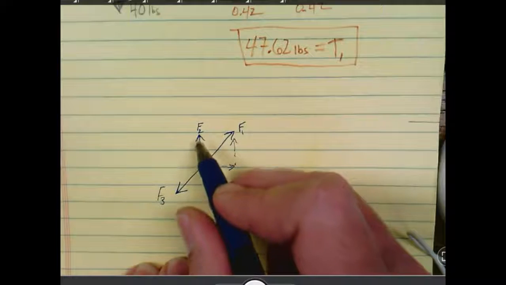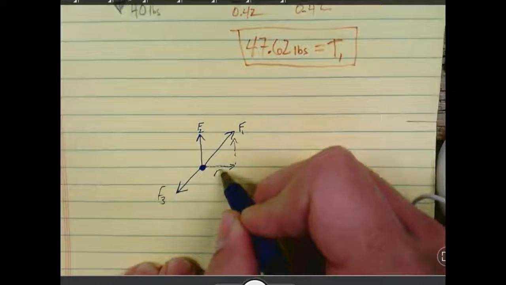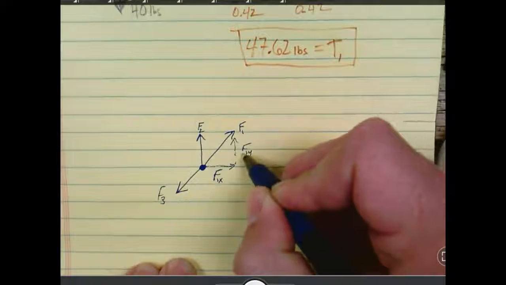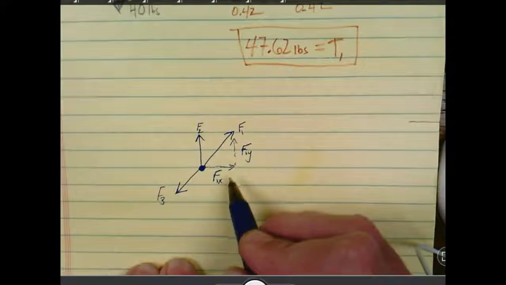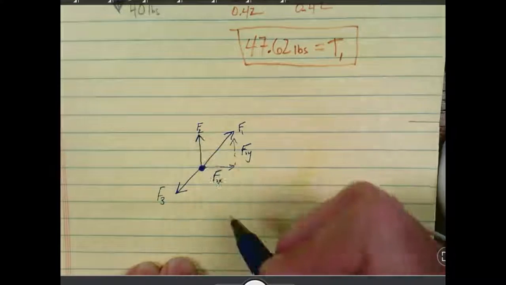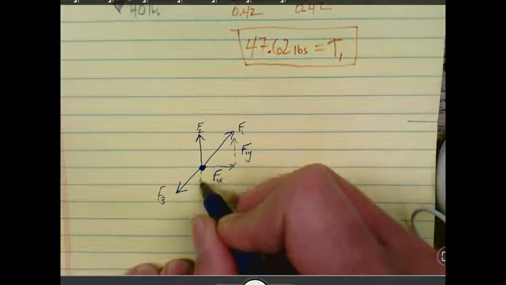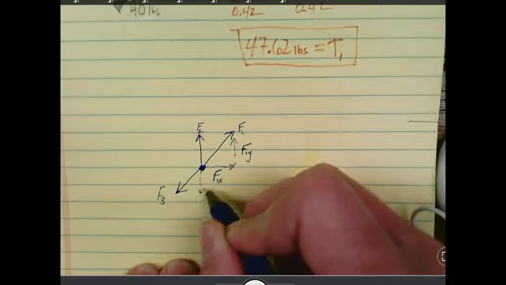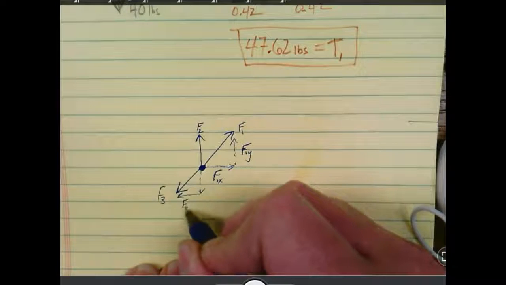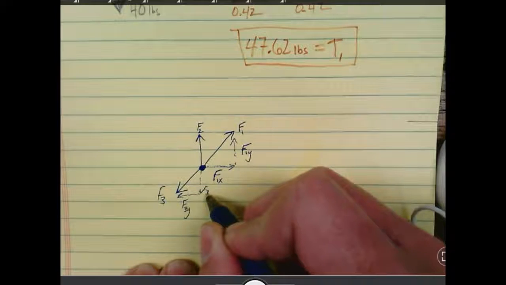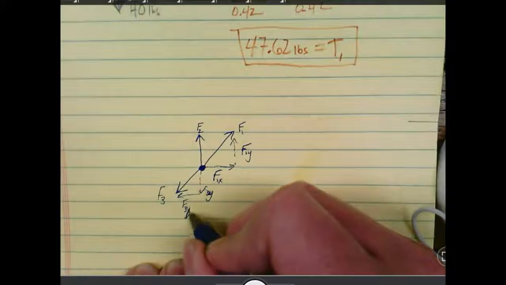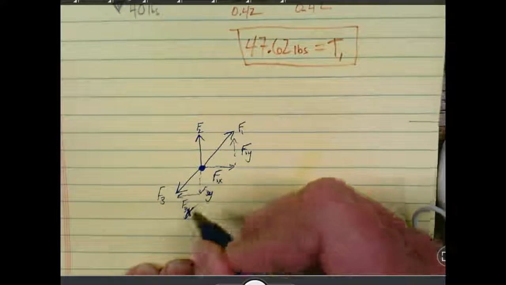So let's go ahead and call this F1X and F1Y. That force pulls a little bit to the right and a little bit up. F2 only has a Y component, and F3 has a Y component and an X component. Whoops, this is the Y, this is the X. Got to be careful with those X's and Y's.